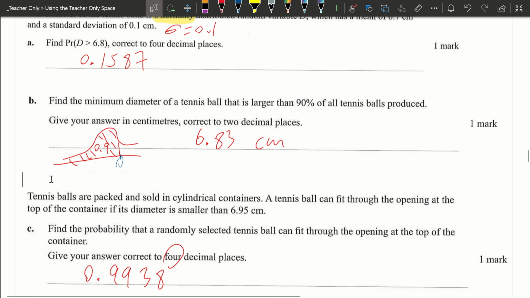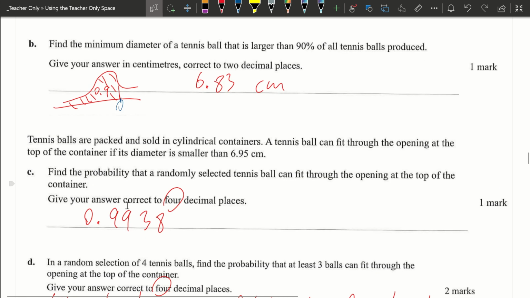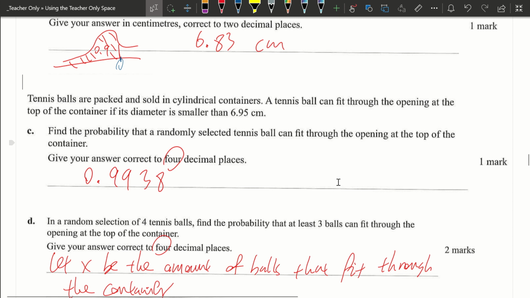Okay, next up. Tennis balls are packed and sold in cylindrical containers, and a tennis ball can fit the container if the diameter is smaller than 6.95. Find the probability that a randomly selected tennis ball can fit through the opening of the container.